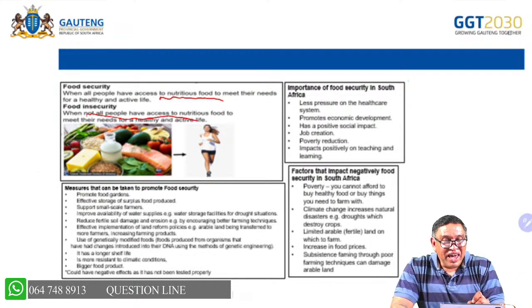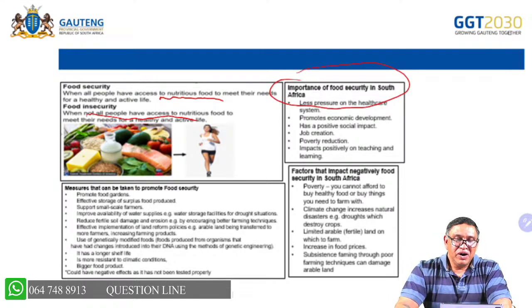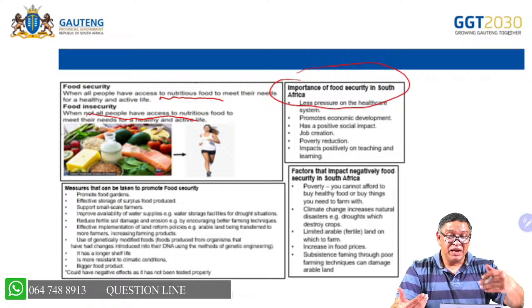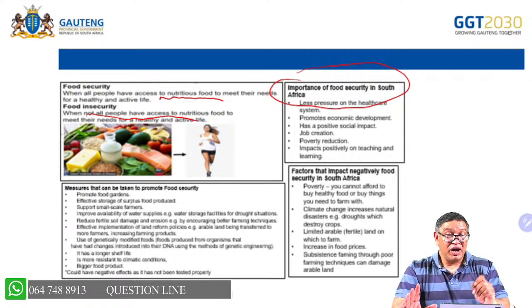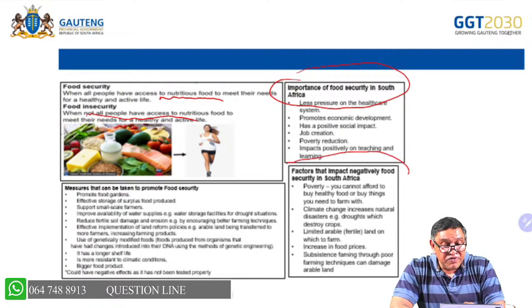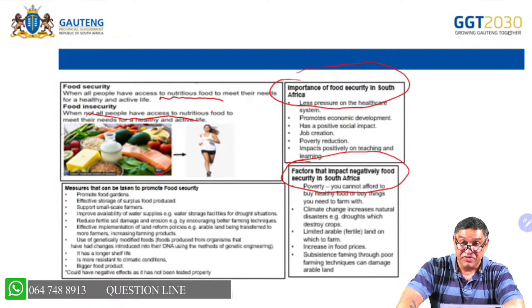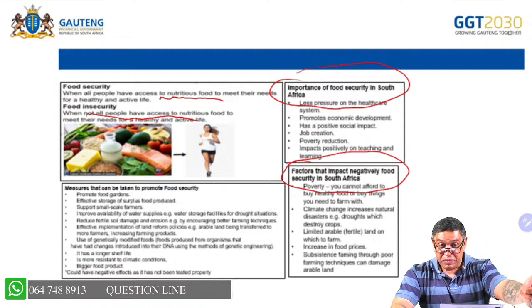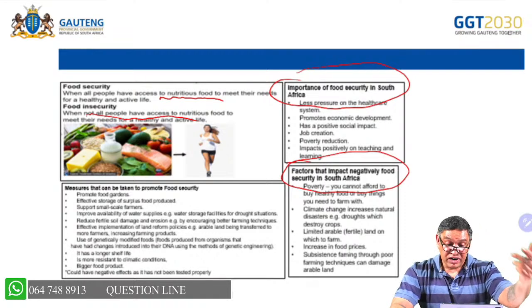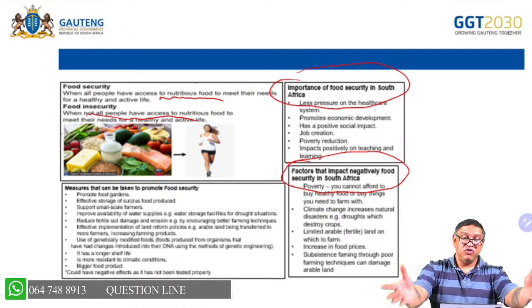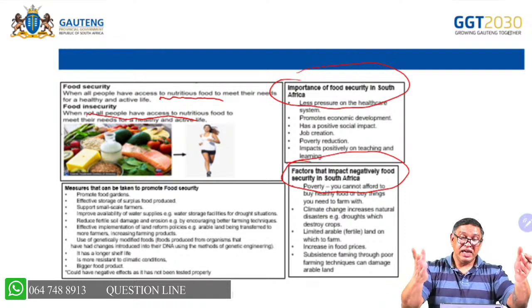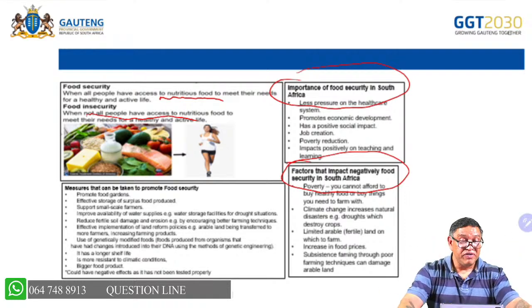Okay, so here again, the importance of food security, okay, it promotes healthcare, it promotes economic development, job creation. So I need to know the importance. I need to know the factors that impact negatively on food security, like people have poverty, they can't afford to buy food, climate, droughts, food crops die, cattle die, less food available.